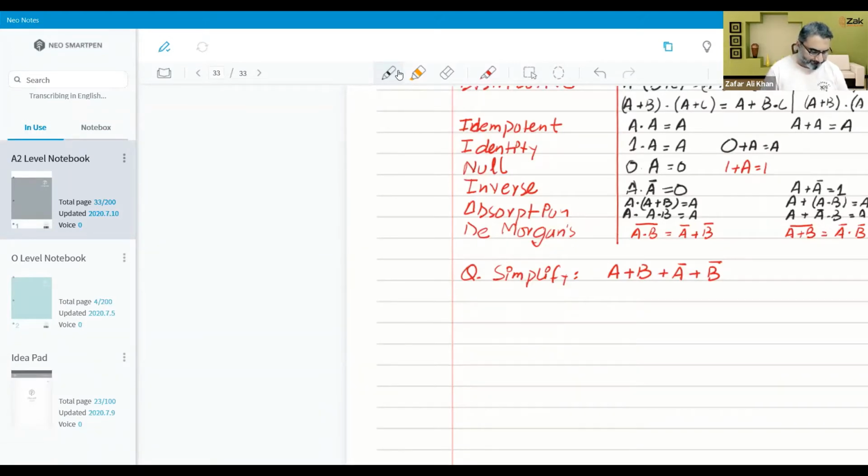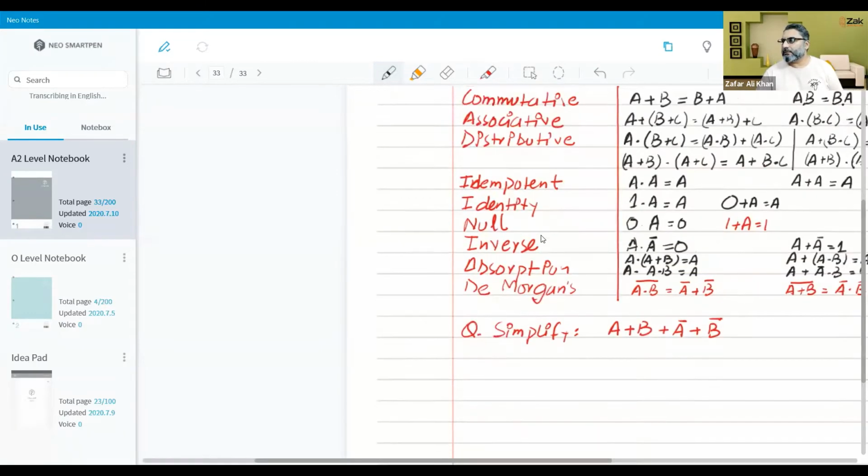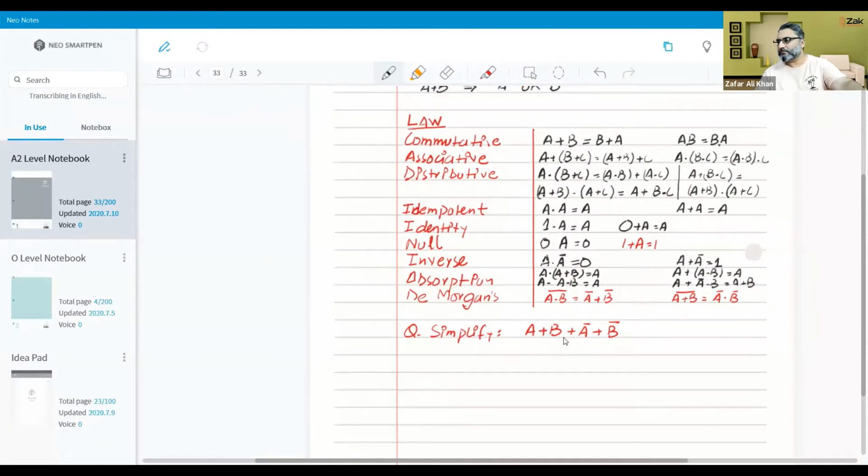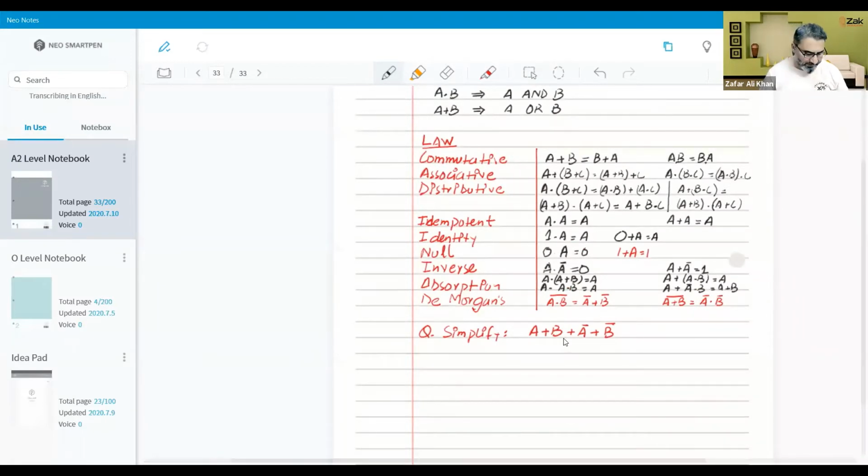So let's take the associative law here. If we apply the associative law, A plus B plus A naught plus B naught would actually become A plus A naught plus B plus B naught.